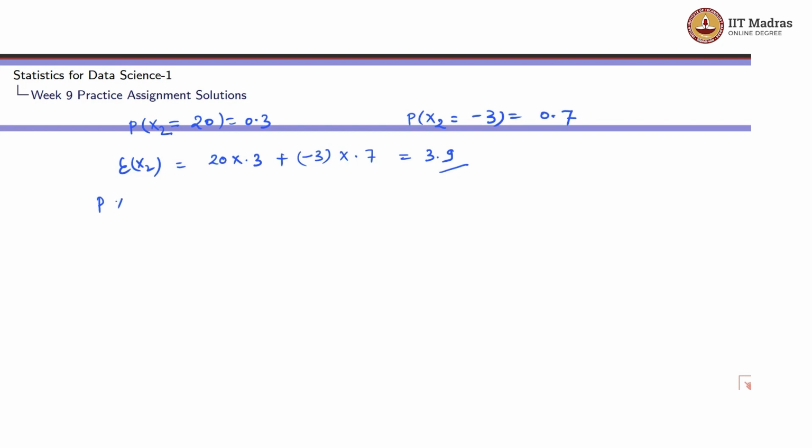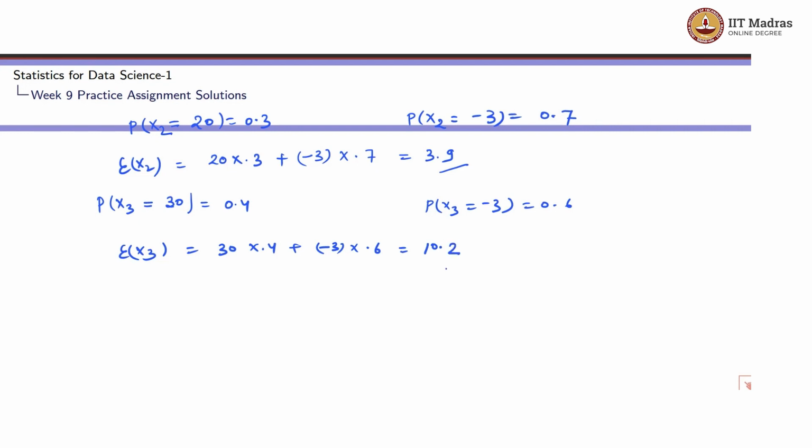Similarly, if we consider startup 3, it takes the value 30, making a profit of 30 lakh. If it does not make a profit, then it will make a loss of 3 lakh. The probability of profit is 0.4, so the loss probability will be 0.6. Similarly, the expectation of this will be 30 into 0.4 minus 3 into 0.6, which is 10.2.